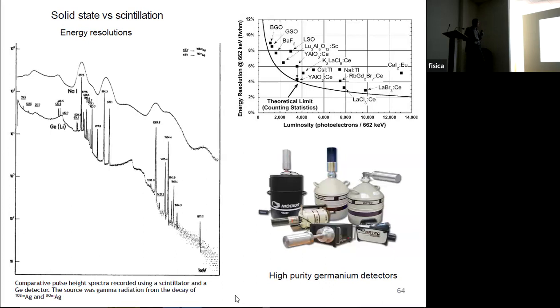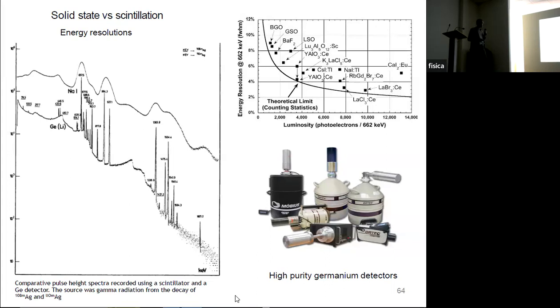Here the picture just shows you what the germanium detector looks like. Usually we operate them at liquid nitrogen temperature in order to decrease the noise, which is caused by thermionic emission.